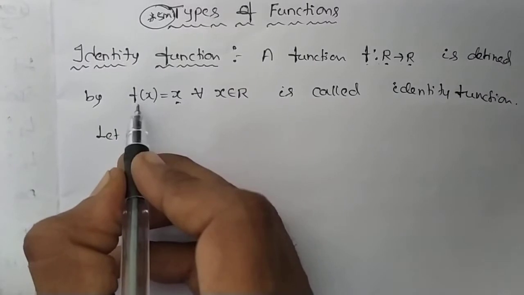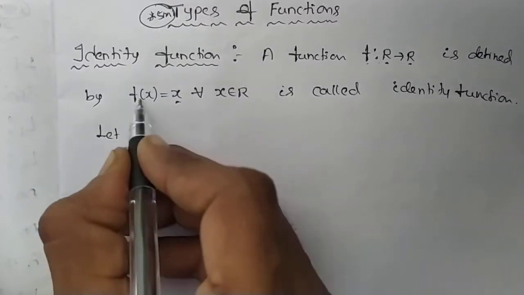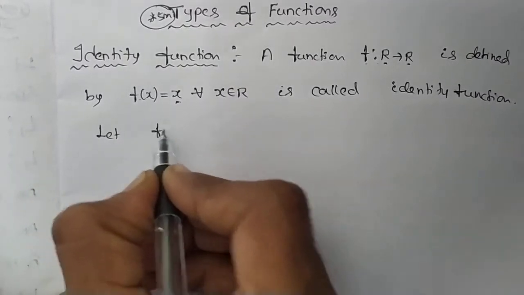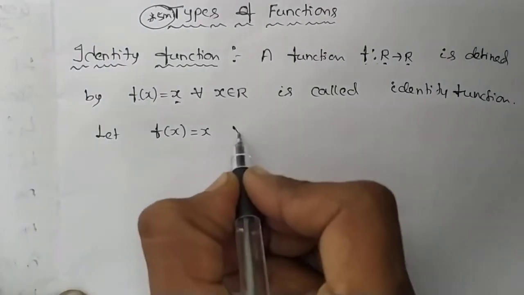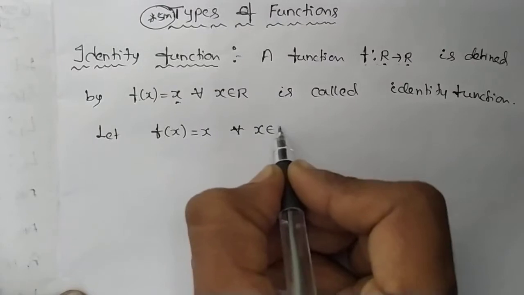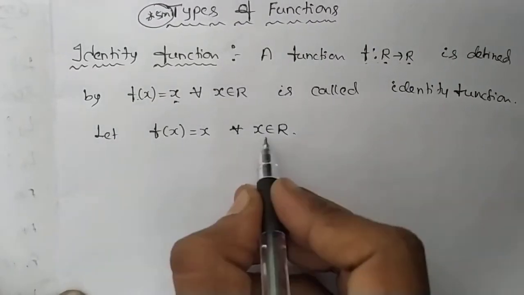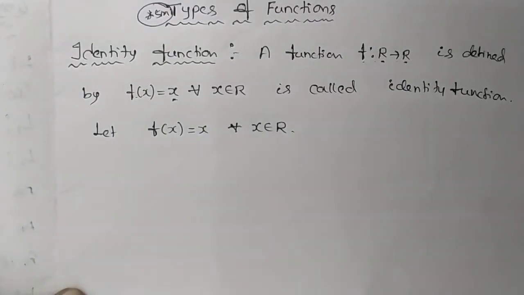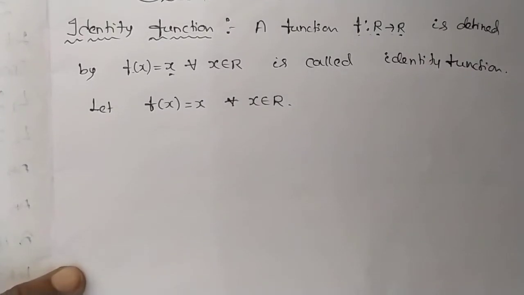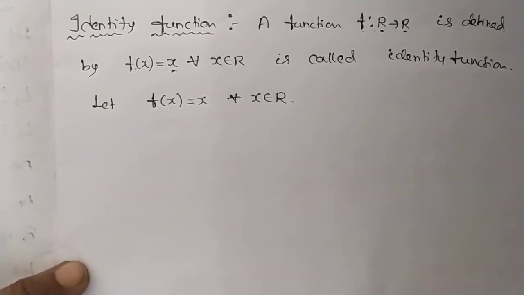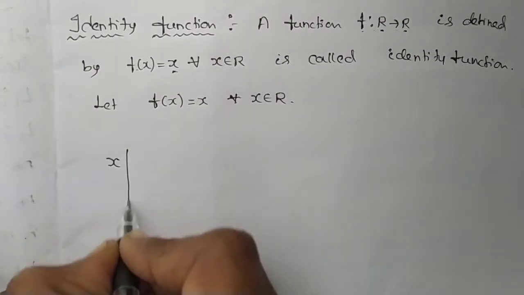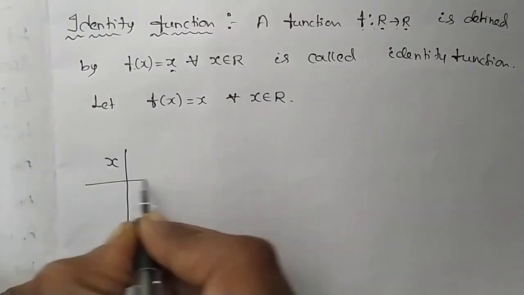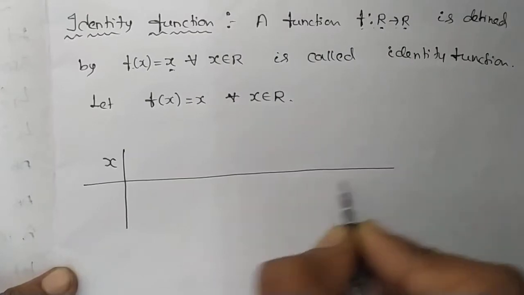Here, by the definition of identity function, we have f of x equals x. Let f of x equals x, for all x belongs to the real numbers. Let us take the values in a table.